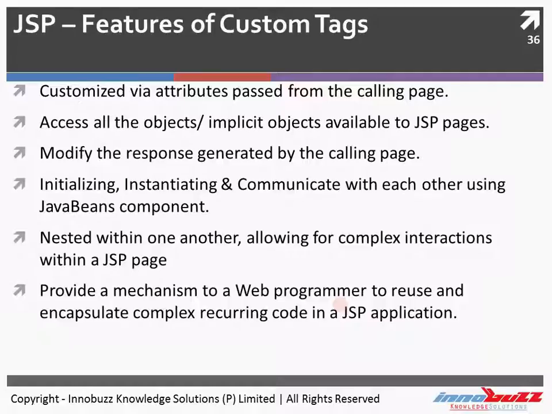This is one of the important features of custom tags, where the recurring code can be placed within the user-defined tags and reused in web programming. So based on the requirements, you can code your custom tag and accordingly make it function for all your recurring code, which can be used as a template or a protocol in your applications.